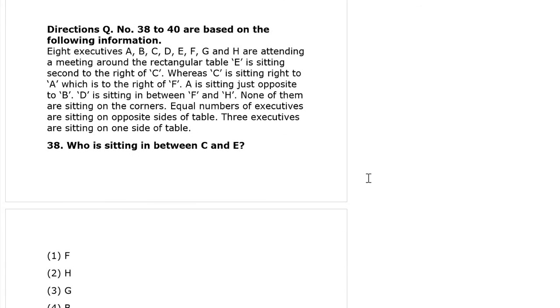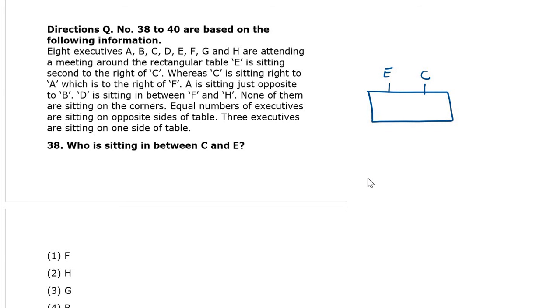So again some direction question is given. Okay, 8 executives are sitting in the rectangular table. Okay. So the question is 8 executives. Okay, it is a rectangular table. Sitting around the rectangular table. E is sitting second to the right of C. So this is C. E is sitting second to the right. They are facing like that.